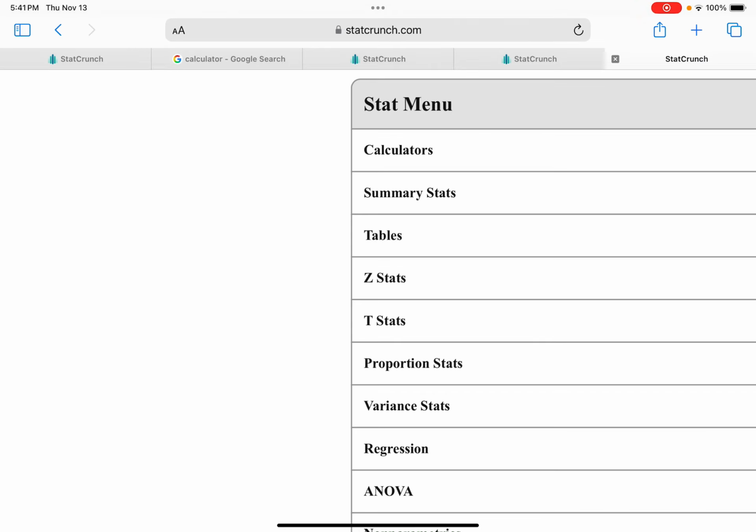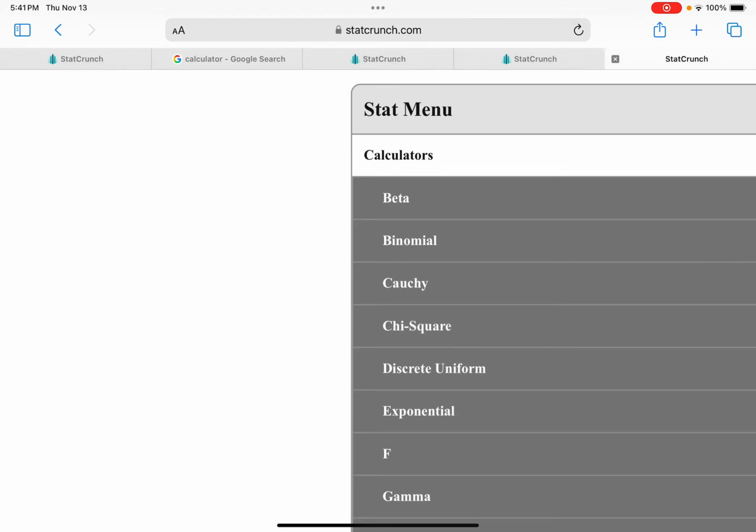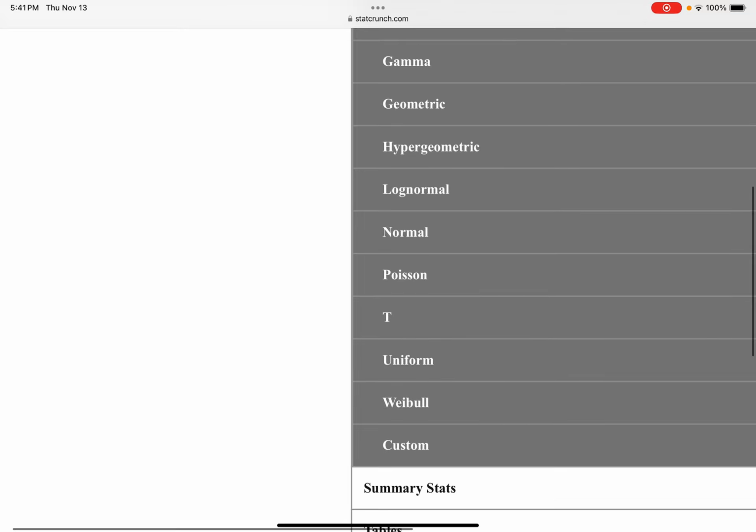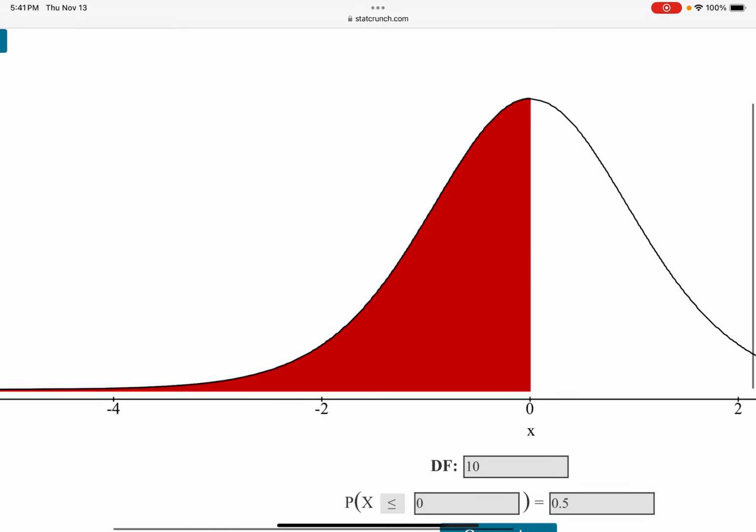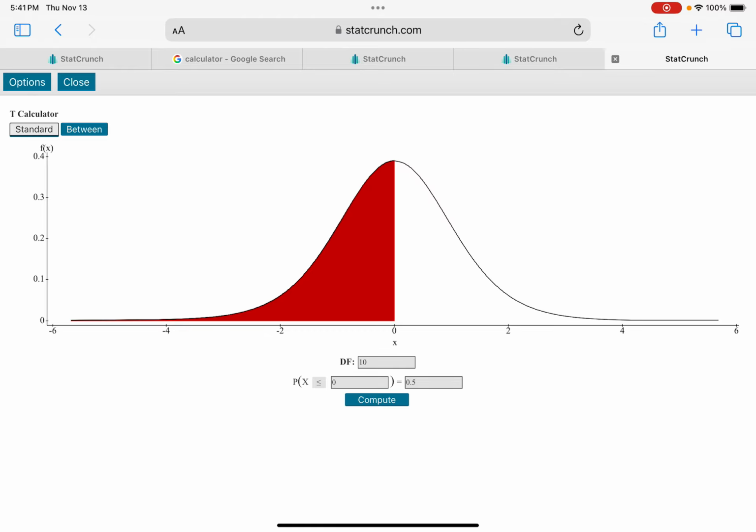Anytime we need calculations, we're going to go to Stat Calculator, and we are using the T distribution. So I'm going to jump to the T distribution here. I need to change my degrees of freedom to 11.